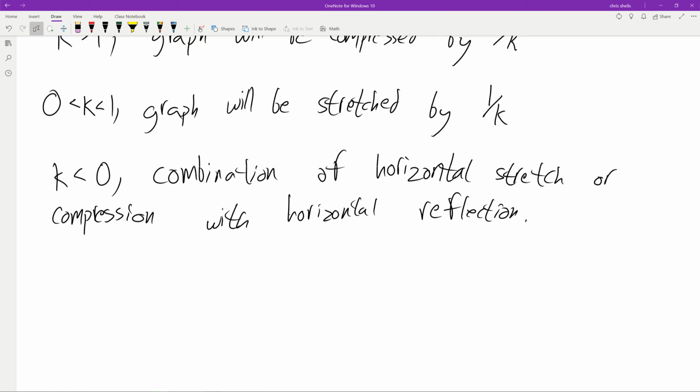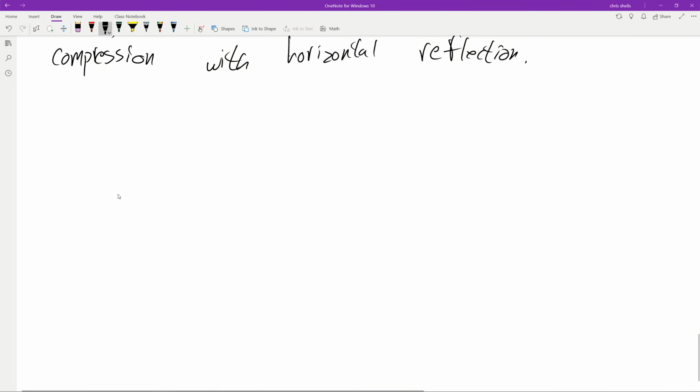All right, and last up, let's go over some rules for combining transformations. Combining vertical transformations is easy, or simple, simpler than the horizontal ones at least.